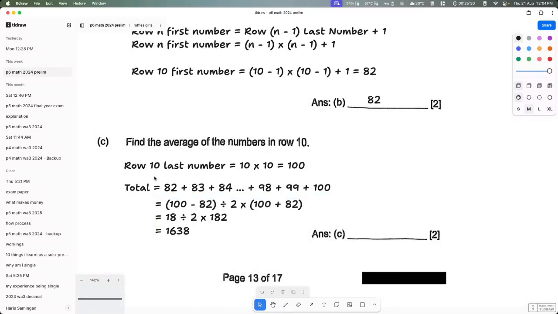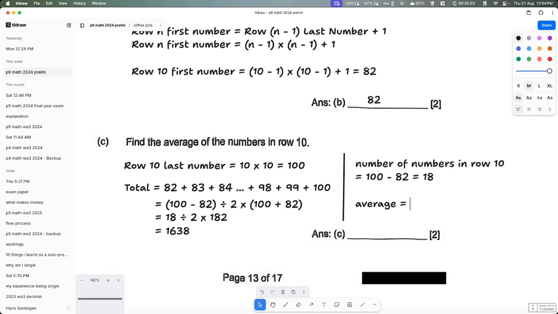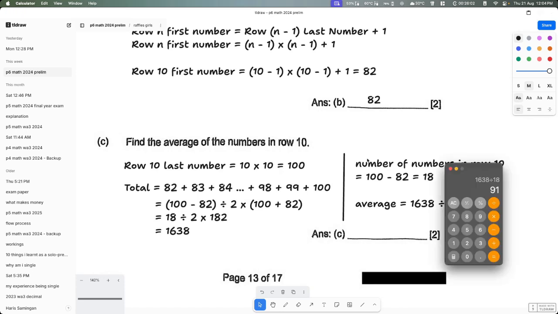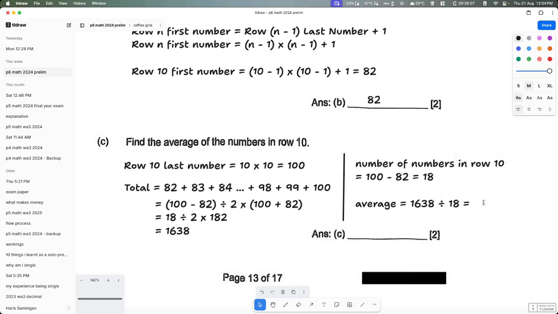Okay, so in the end we get a total of 1638. Then the number of numbers in the row is 100 minus 82 plus 1, which is 19. So the average is equal to 1638 divided by 18, and this will give us 91. Okay, there you go. So that's the answer, 91.